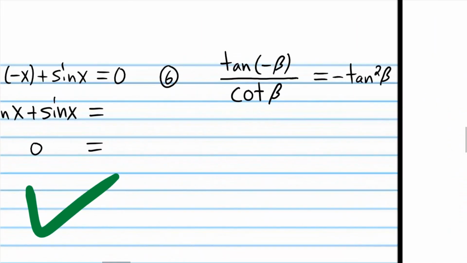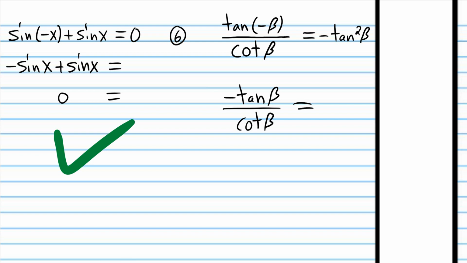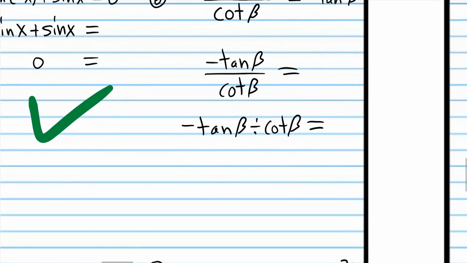Okay, we're back. So with tangent, the negative comes out, just like with sine. And I'm going to switch to the old division symbol. The fraction line can be interpreted as a division operation. And then I'm going to use a reciprocal identity, change cotangent to 1 over tangent beta.